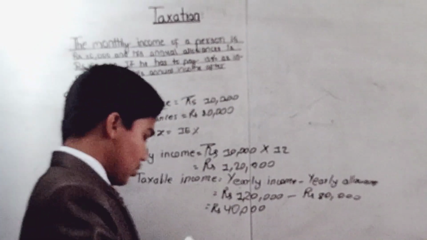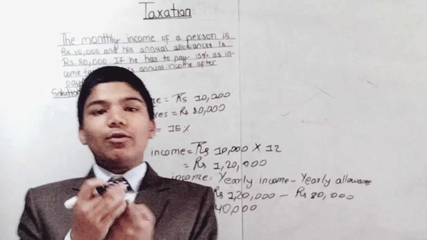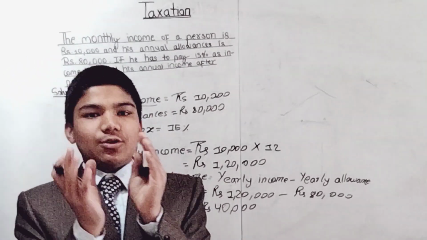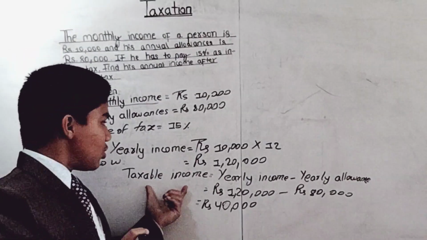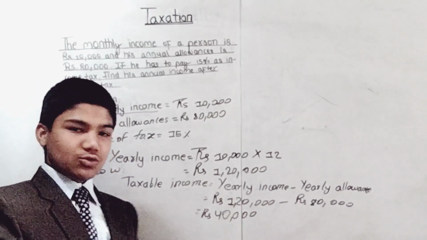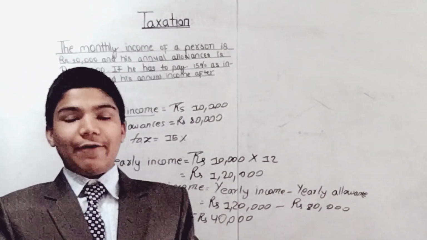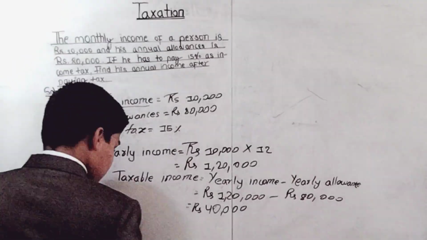Now after doing this, what to do now? For that, first of all we need to find income tax. Then we can subtract that from this total 1,20,000, so we can get yearly income after paying tax. So first of all, let's find income tax.